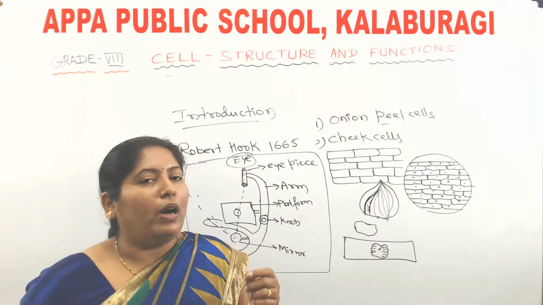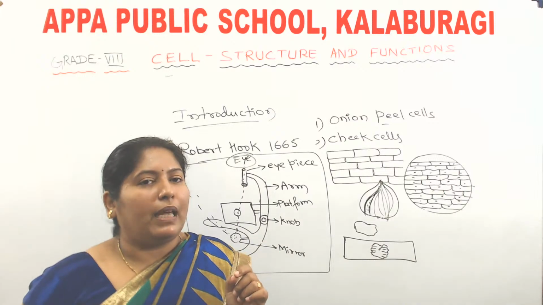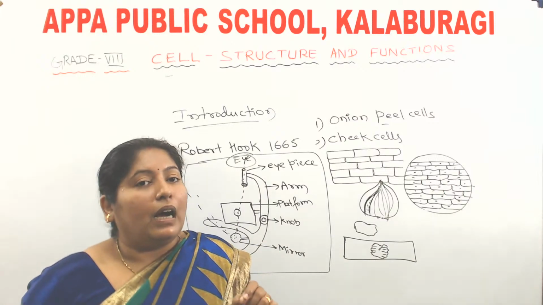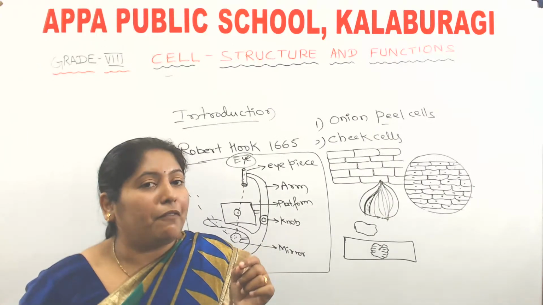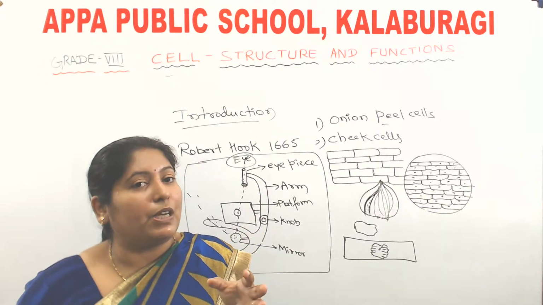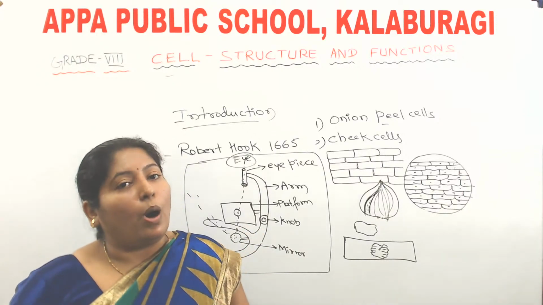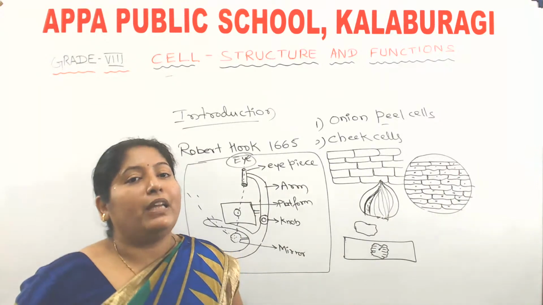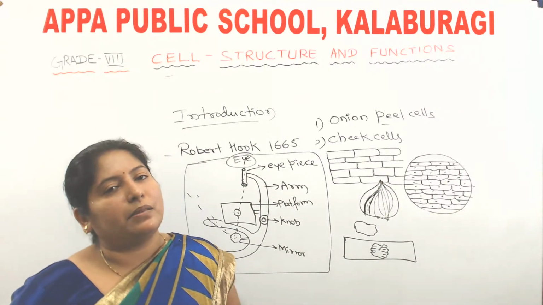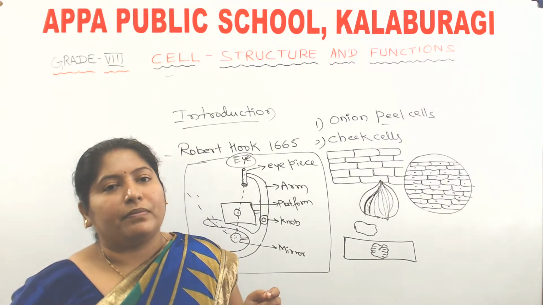That means all are doing a particular function at the same time. Many tissues, which are groups of cells performing a similar function, join together to make one particular organ. Like this, many organs together make one organ system in a living organism.